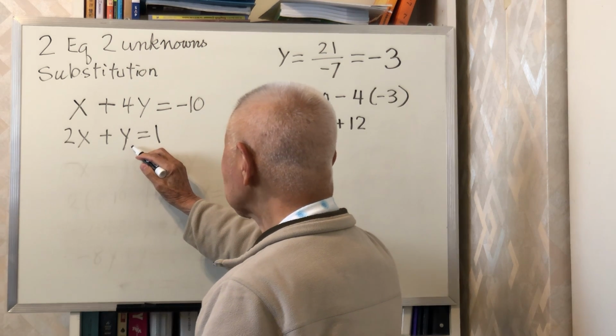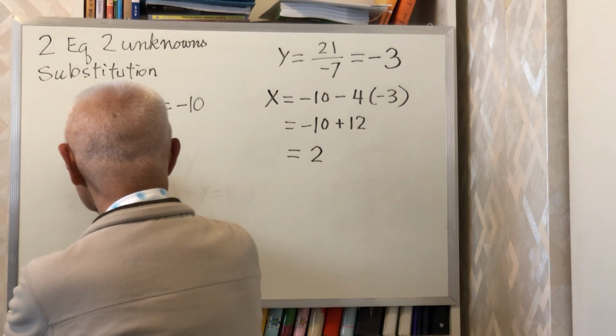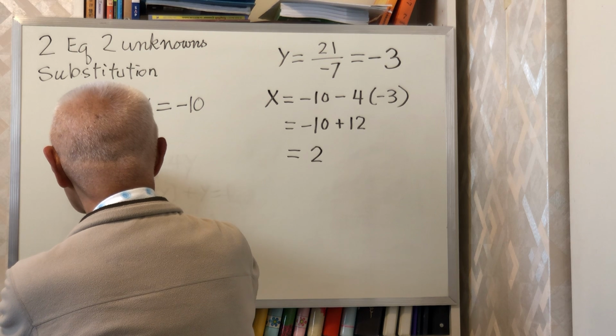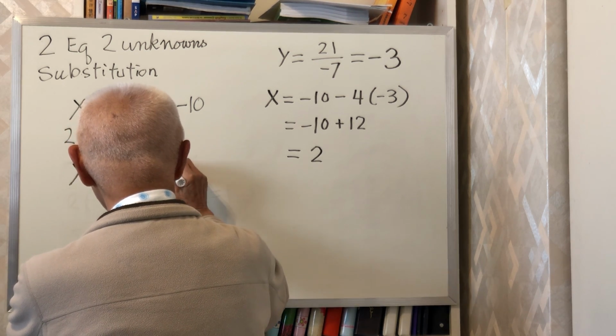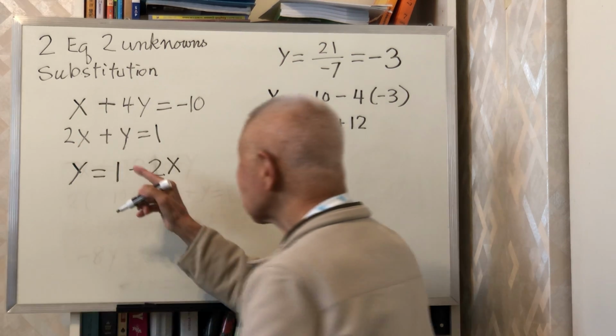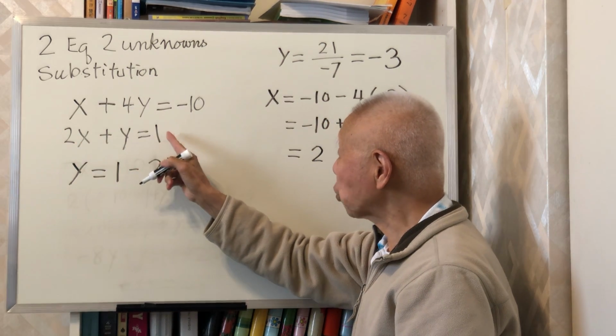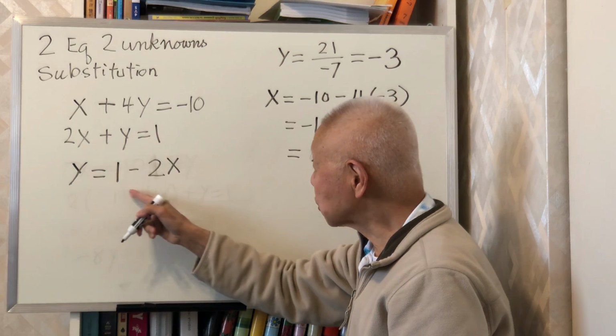Find y from the second equation. y equals 1 minus 2x.